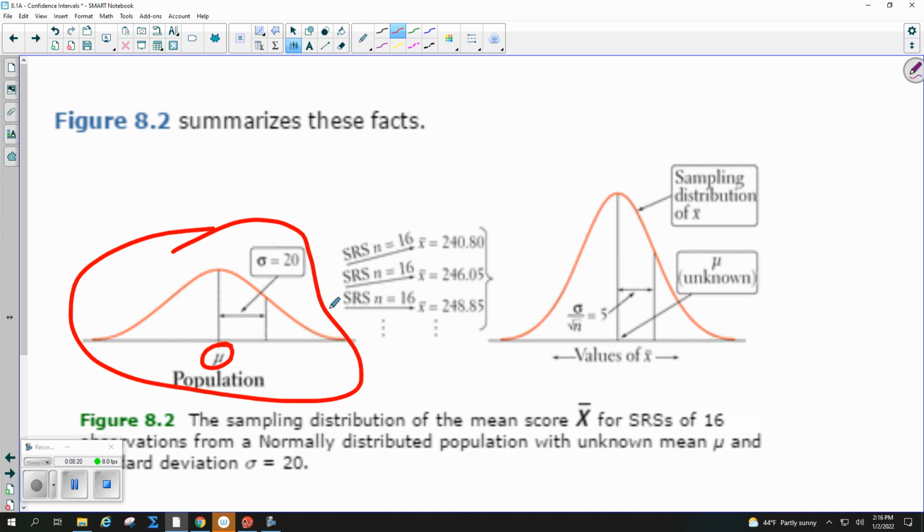And I take a bunch of samples of size 16, right? So this one gave us 240.8. This average of 16 gave us 246.05, et cetera, et cetera. And we create a sampling distribution, just like we did with the pennies. And notice my sampling distribution goes a little higher here than this one because our spread decreases every time we do this problem because we're taking samples of size 16. It's going to change our standard deviation.